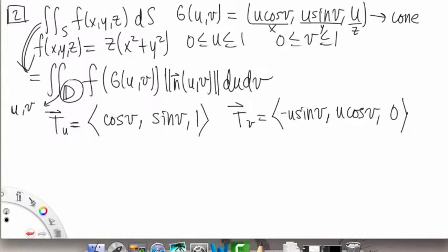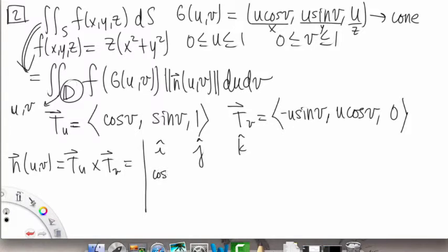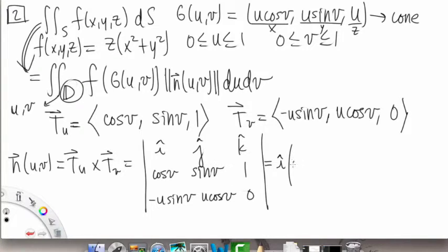Okay, so now let's cross these, and we'll get our n. So n, the normal vector of u and v, is equal to the cross product of t sub u and t sub v, and that's equal to, here's our i, j, and k. Alright, so then we have cosine v, sine v, 1, and then negative u sine v, u cosine v, and 0. Alright, so we're going to start with our i hat, so that's going to be 0 minus this diagonal here, so that's u cosine v.